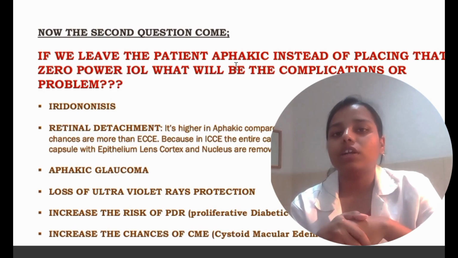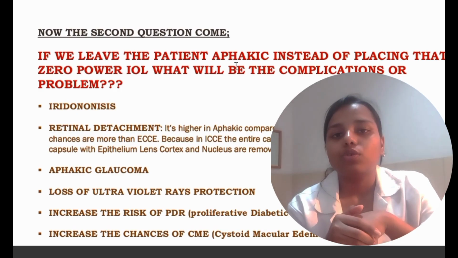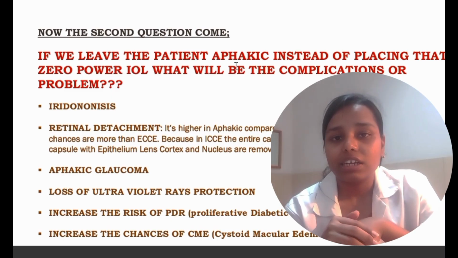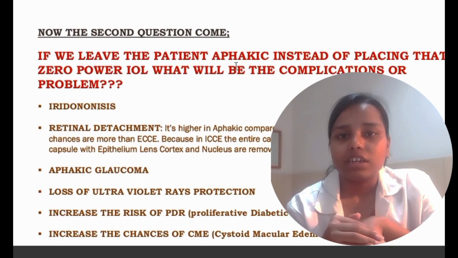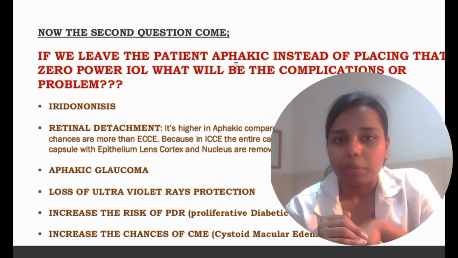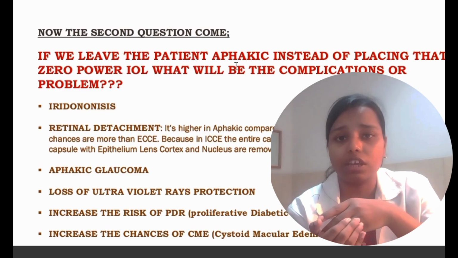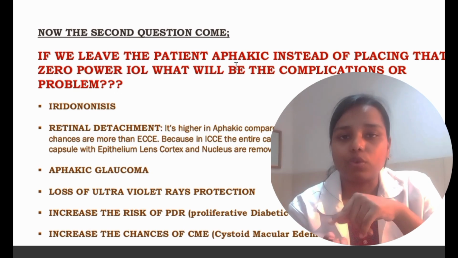So what we get to know is that we should not put any patient in an aphakic condition, because in the long term it can create iridodonesis, retinal detachment, and secondary glaucoma. Even if the patient doesn't need any power, we have to put at least a 0 power IOL in the pupillary zone.